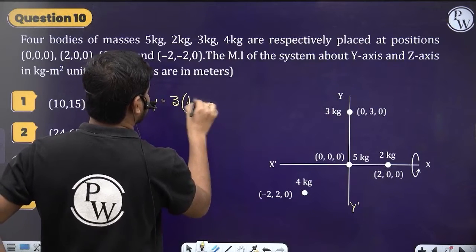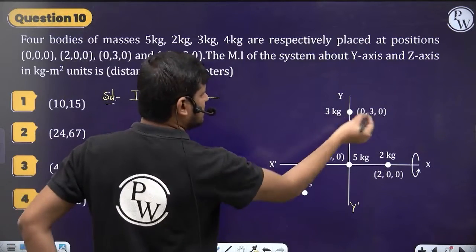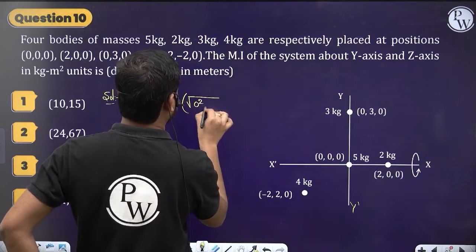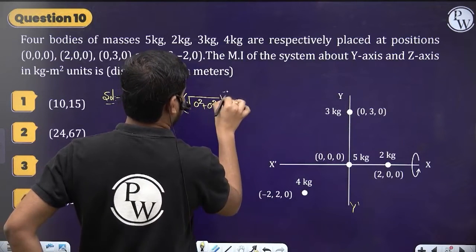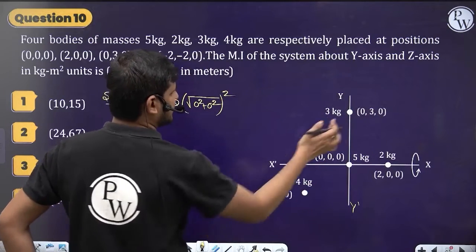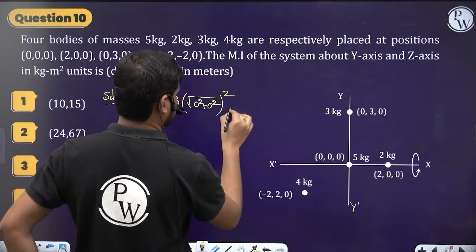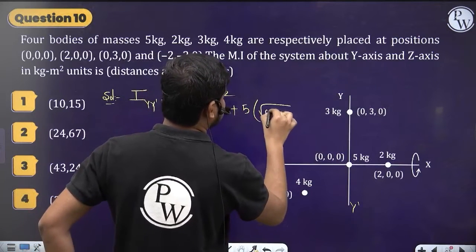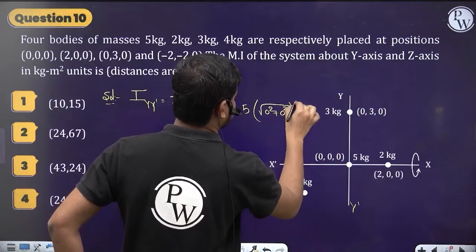So 3 kg body into square root of, so 0 (y), 0 square, z square, right? The square root of x square plus z square, whole square. Here x component is 0, z component is 0. Plus, in the 5 kg block, square root of 0 square plus 0 square, whole square.